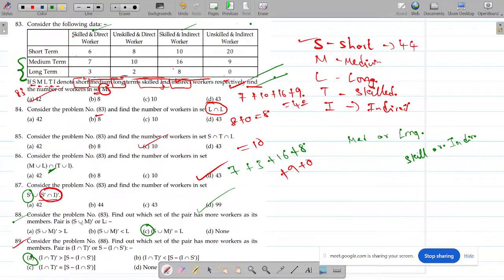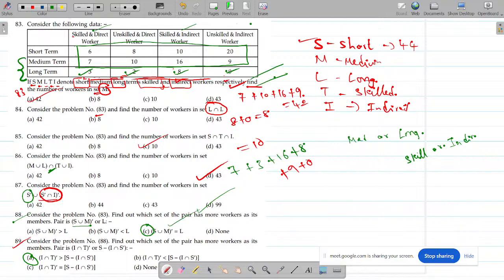So it's (S union M)'. First, we focus on brackets. S union M is focused first. S is short term, and this is medium term. So I'll focus on this box, these two rows. Then dash, so I should not consider this one. For convenience, I'll make the ticking. I'll be considering only this one, right? Then L, same, right? So C is the answer.